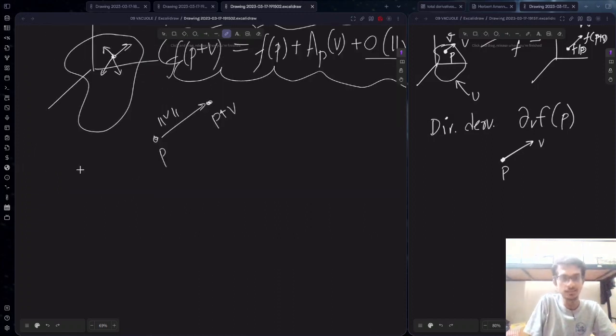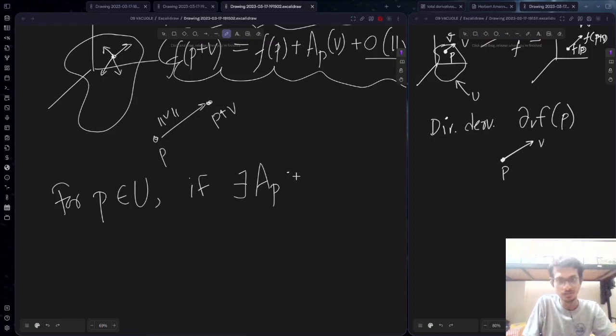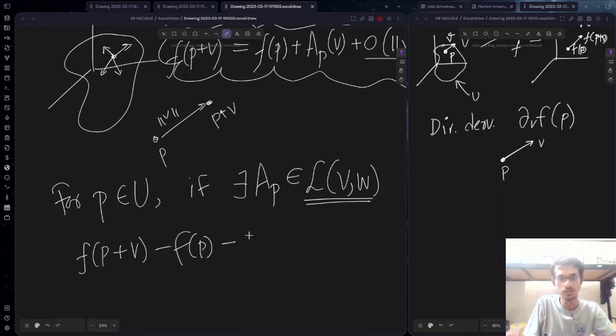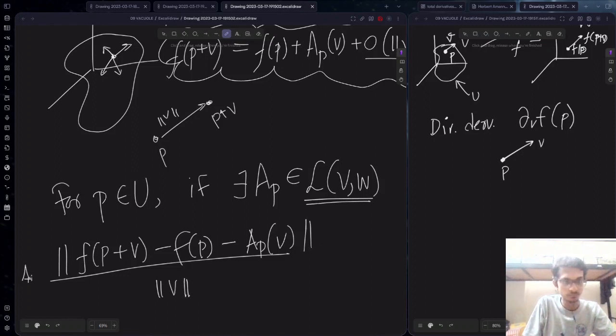For something of that form to exist, I would ask the question, for p belonging to the domain, if there exists an AP, which is a linear transformation, and I would write it as a linear transformation from V to W. So this is the set of all linear transformations from V to W, and I would just say if the norm of f of p plus v minus f of p minus AP of v, divided by the norm of v, should go to 0 when I take the norm of v tending to 0.